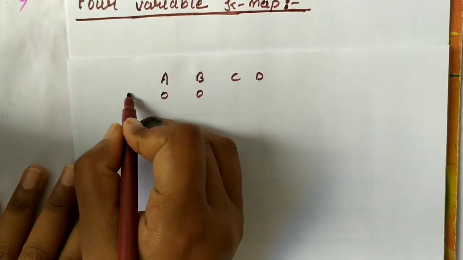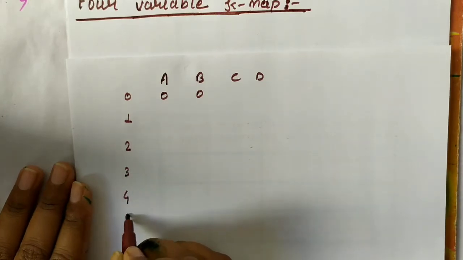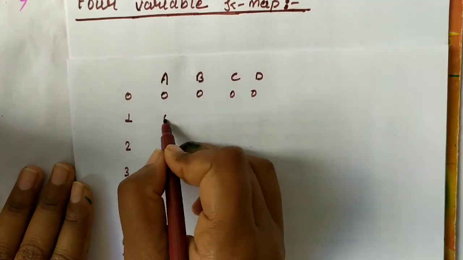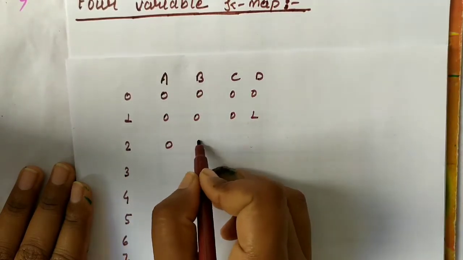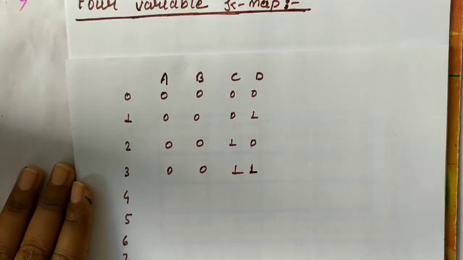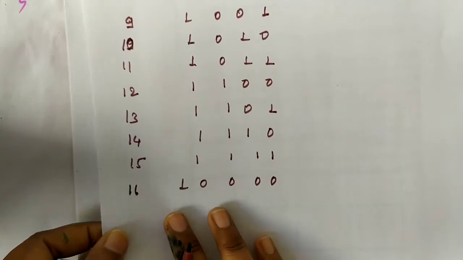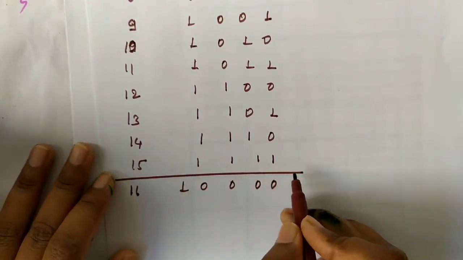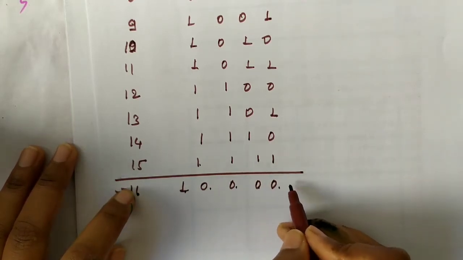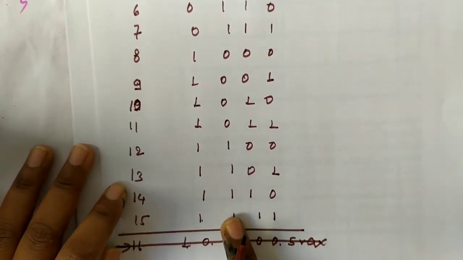The binary numbers of 4 variables a, b, c, d go from 0 to 15. I have written 16, but in 15 there is 1, 2, 3, 4, while for 16 there is 1, 2, 3, 4, 5. This is a 5 variable, so we can't take the 16. We only take up to 15.